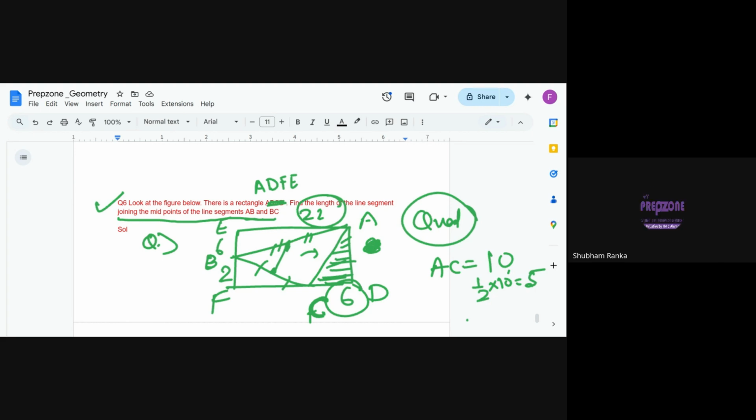Correct. So my main purpose is that in a quadrilateral, don't forget that you can have a mix of triangles. So this is a triangle. You also saw the previous question. So you can have a triangle, right angle triangle or whatever within a quadrilateral.